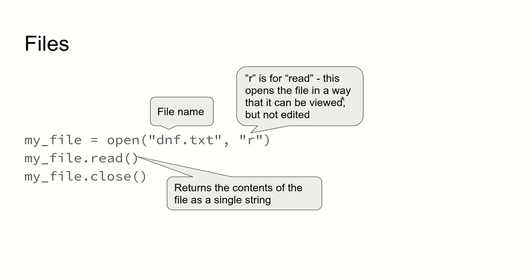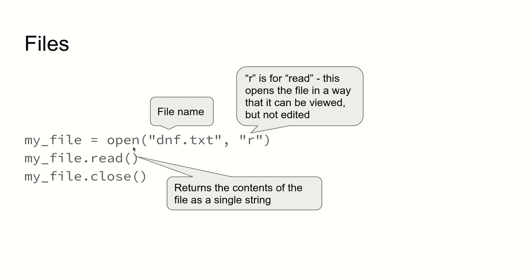If we know we're not supposed to edit it, then we could say specifically, I really only want to be able to read this, and then you won't mess anything up by accidentally writing to that file. So we saved it as a variable, or we named it as a variable is another way to think of that. We named it my file. Then we say myfile.read.